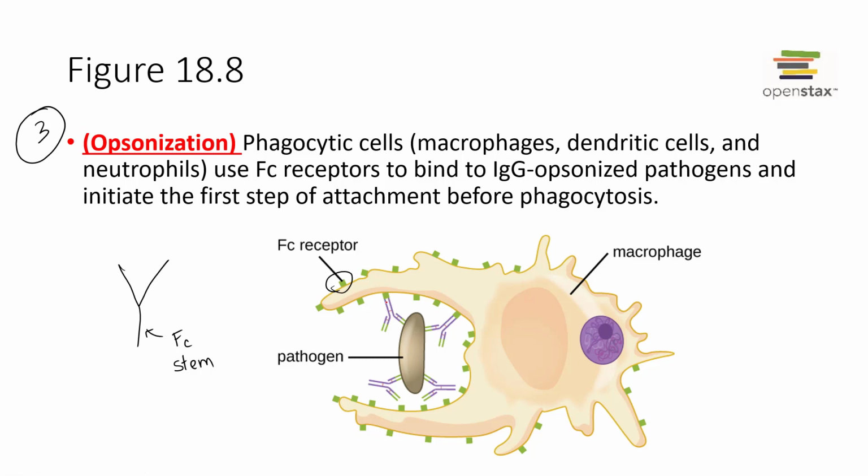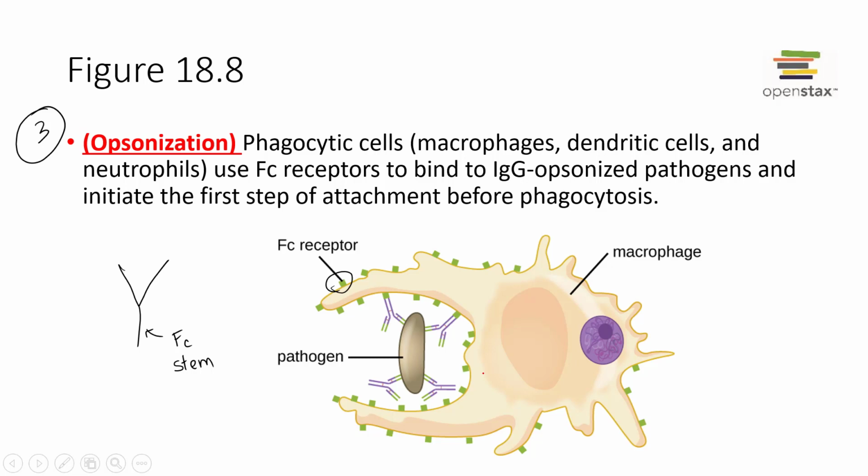The antibody binds to the Fc receptor, and then that triggers the phagocytosis of the pathogen. So this is showing us IgG. The small monomer antibody has bound the pathogen, and then the Fc stem is bound to the Fc receptor, and that's going to initiate phagocytosis.